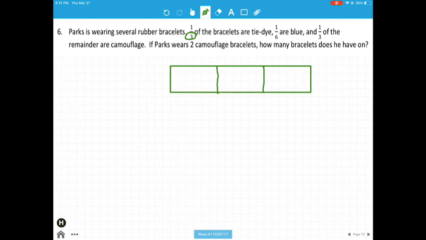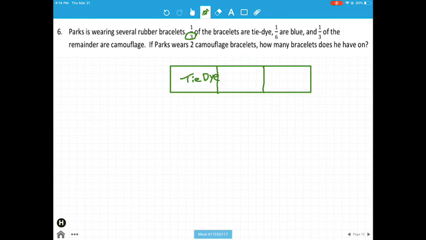Park is wearing several rubber bracelets. 1/3 of the bracelets are tie-dye. 1/6 are blue, and 1/3 of the remainder are camouflage.